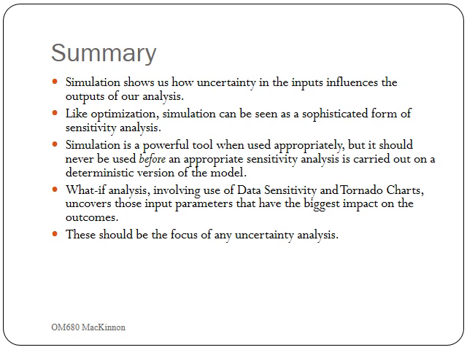We label them as uncertain and give them a probability distribution that most matches what the data is likely to look like. We identify outputs in the spreadsheet, and then we run the simulation.